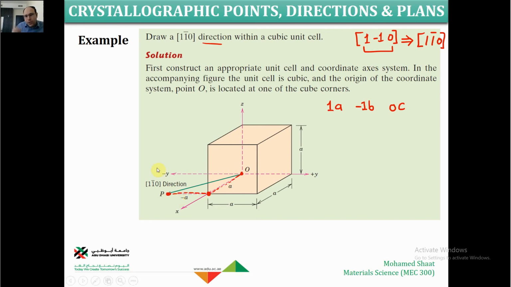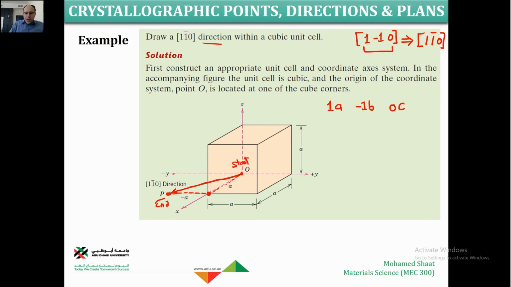Then you will not move anything along the Z direction. It means that this should be the B point. So this is the start point. You started from here and you end up here. Then your objective is just to connect these 2 points with a vector. This defines the crystallographic direction 1, negative 1, 0. We read it this way: 1, negative 1, 0.